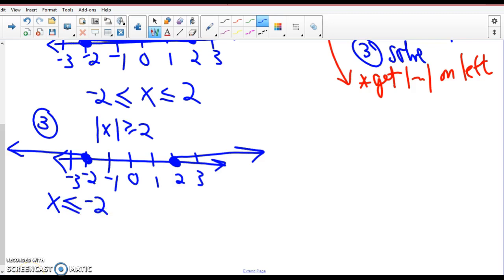This part of the graph, x is less than or equal to negative 2, or x is greater than or equal to 2. So as soon as you see a greater than statement, it's going to go out, and you need to rewrite it so it goes out. It'll be less than the negative and greater than the positive.